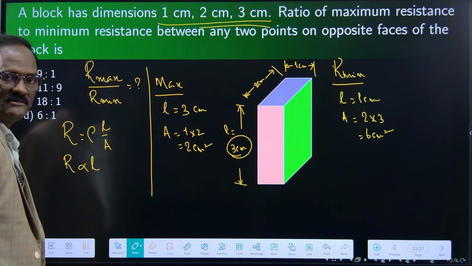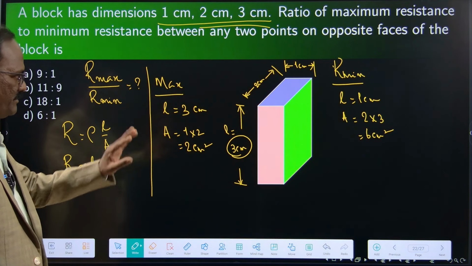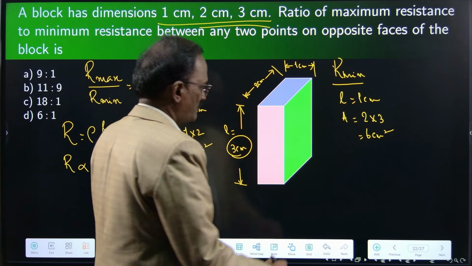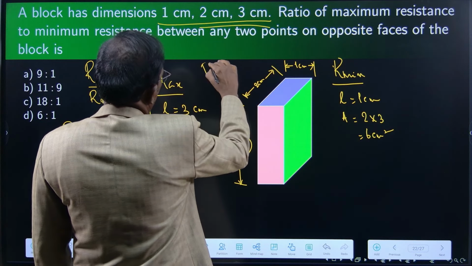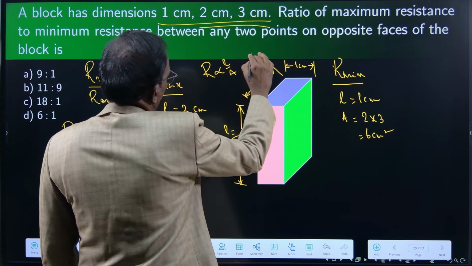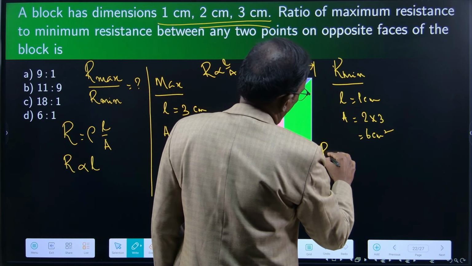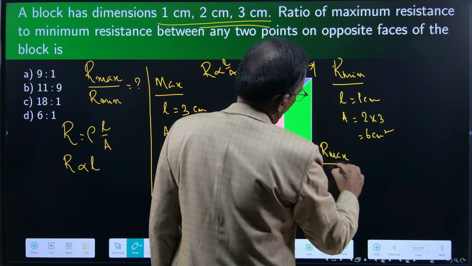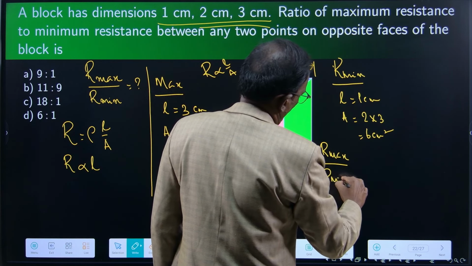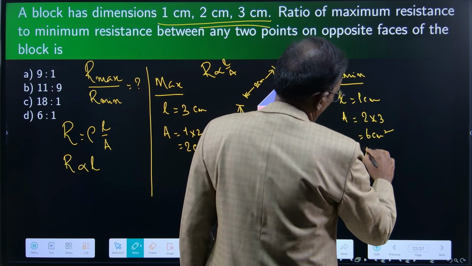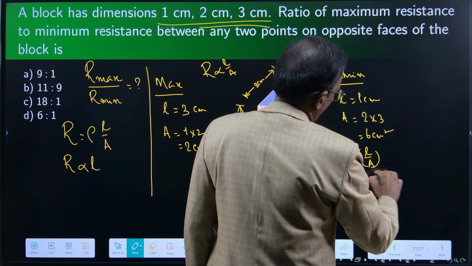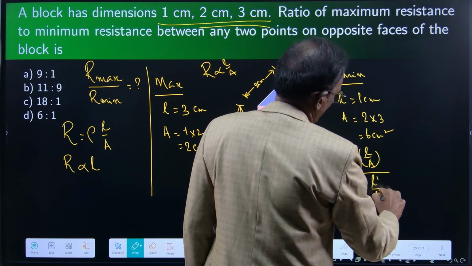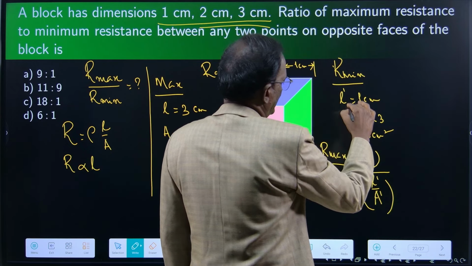Then we can easily find the ratio. Rho is constant because material we have not changed it. So R is proportional to L by A only. So R maximum divided by R minimum is L by A divided by L dash by A dash.